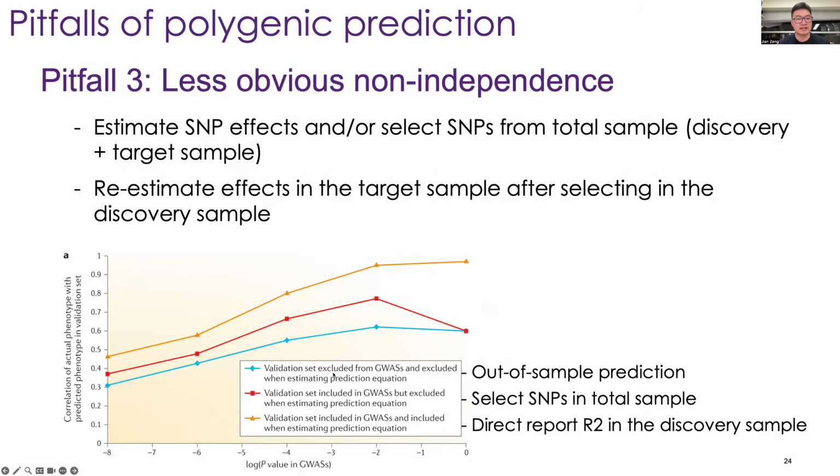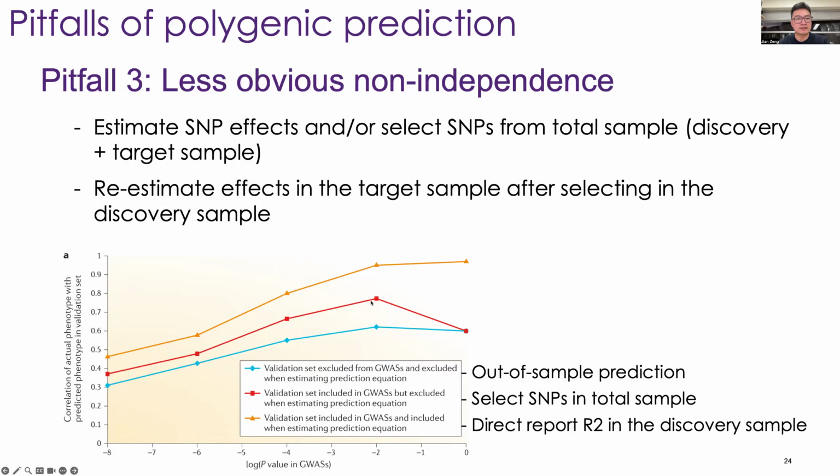So as shown in this graph, the blue line shows what the prediction accuracy will look like for the out-of-sample prediction if you do everything properly. The yellow line shows that if you do the within-sample prediction, estimating the SNP effect in the same sample, the prediction accuracy literally goes to 1.